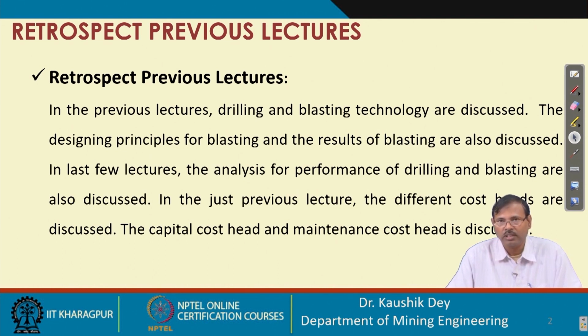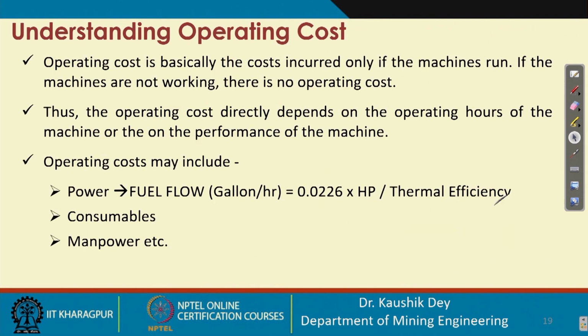We have seen that there are basically three parts in the operating cost: power, consumables and manpower. These three are the cost heads we have to consider for the operating cost.